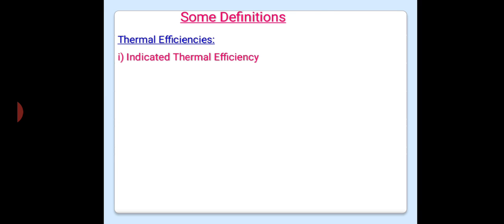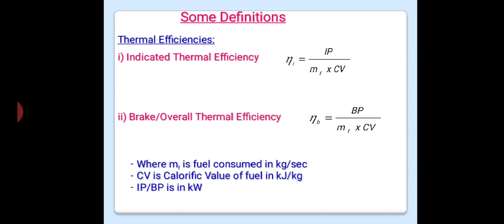Some of the important definitions we are going to discuss first, that is indicated thermal efficiency. Indicated thermal efficiency is the ratio of indicated power upon mf into cv. mf is the mass of fuel consumed, cv is the calorific value of the fuel.